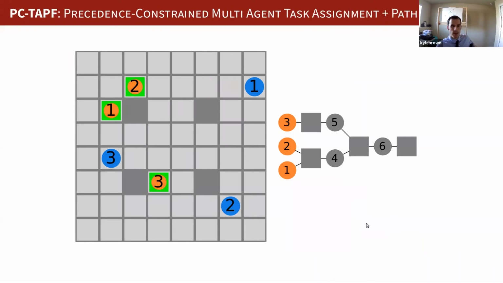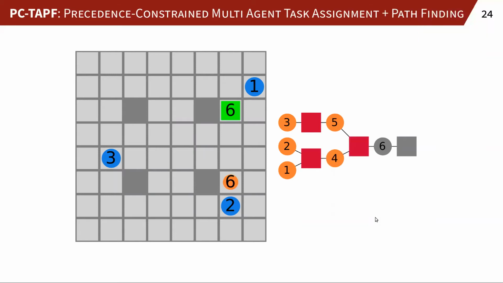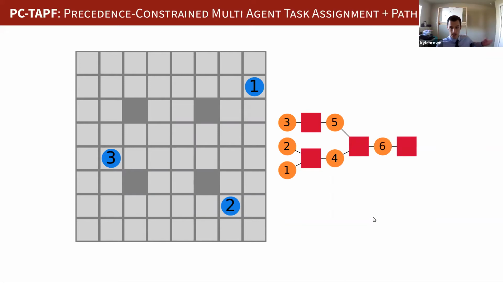For example, objects 1 and 2 are consumed by a manufacturing operation to create object 4. Object 3 is consumed by another operation to produce object 5. These objects are then available for pickup and can be delivered to their goals, at which point they become inputs to a new operation, which produces object 6, which can be delivered. And then the project is done.